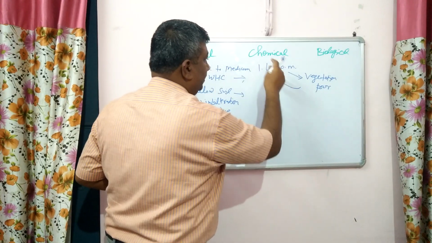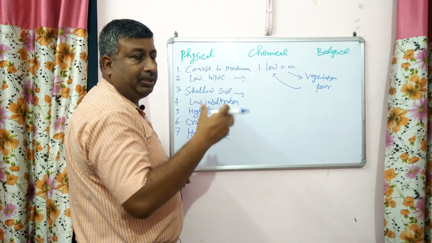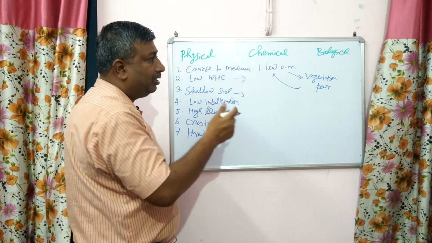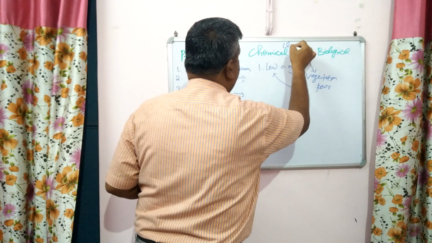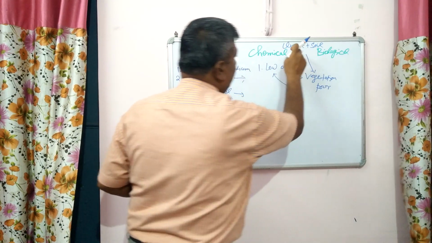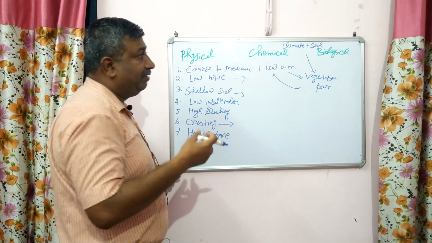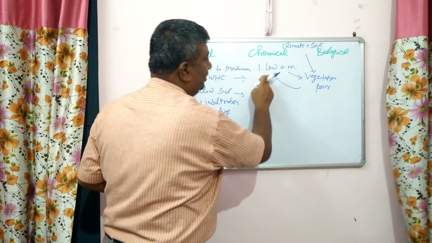Low organic matter cannot sustain fertility, and because of low fertility, vegetation is poor, and this continues the cycle of low organic matter. And why is vegetation low? Because of climate plus soil condition. Climate, particularly high temperature and low rainfall, and soils poor in fertility contribute to poor vegetation, which then contributes to low organic matter.